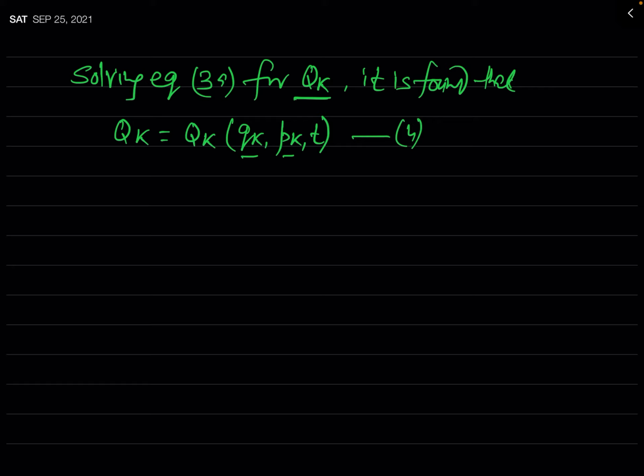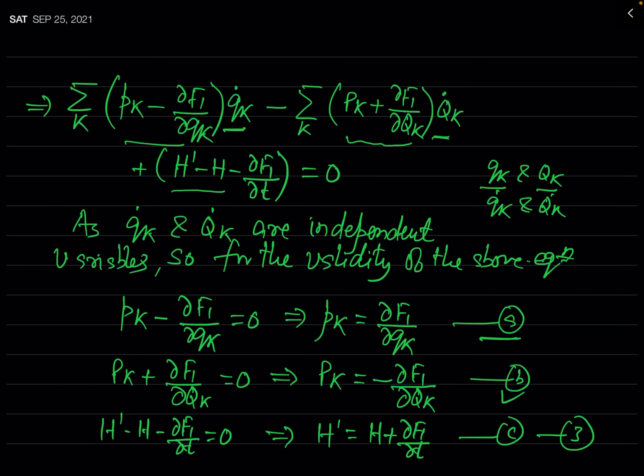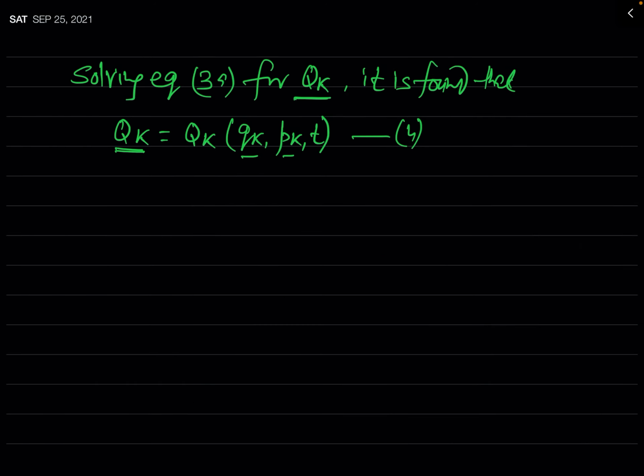Now once you know the value of this capital Qk, then we will simply substitute this value of capital Qk in this equation 3b. And after putting the value of capital Qk in this equation 3b, we will be able to find this capital Pk. So in this way capital Pk is obtained. We will see later by the problem how these things are applied. It will be clear when you solve the numerical problem.